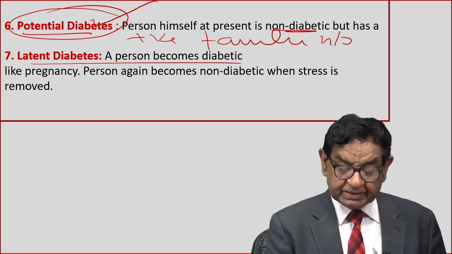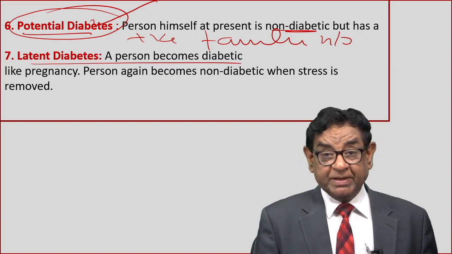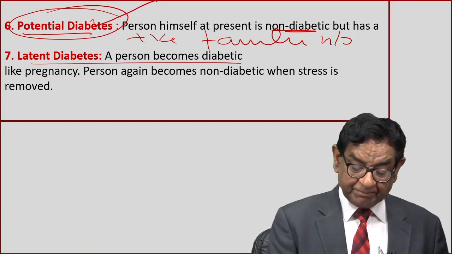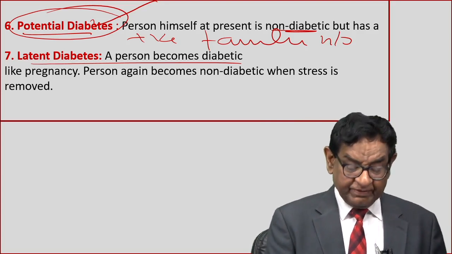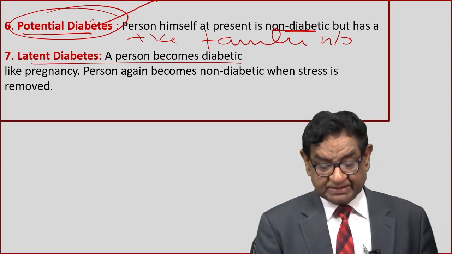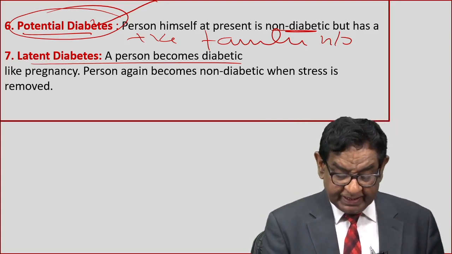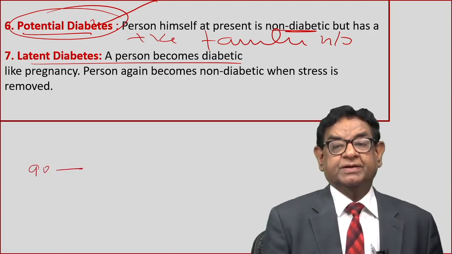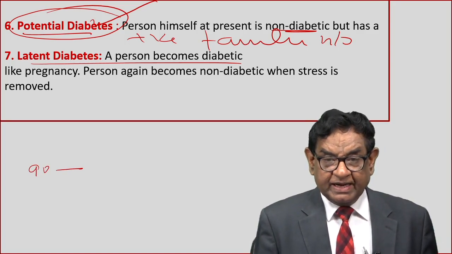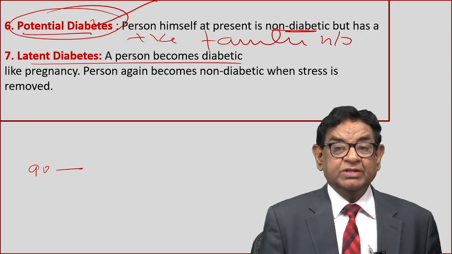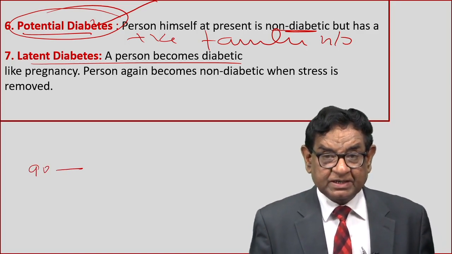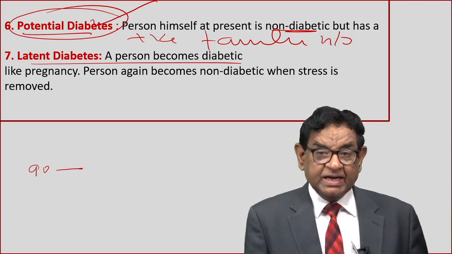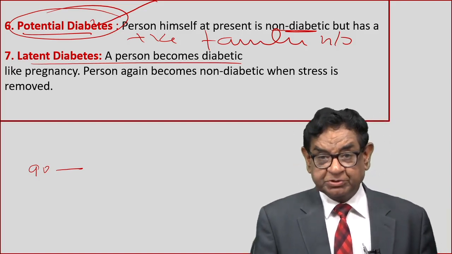Latent diabetes: the patient becomes hyperglycemic during a period of stress. For example, I get one patient who has severe bronchial asthma. He comes to my OPD and I check his blood sugar. His blood sugar is 90 at the moment, and since he is severely asthmatic, other than anti-asthmatic drugs, I also prescribe him corticosteroids.